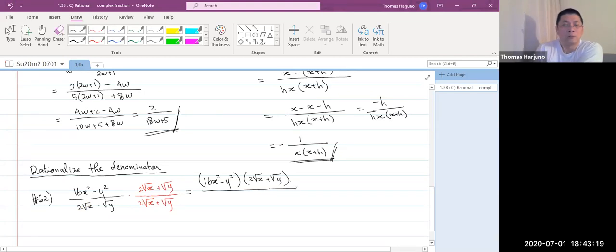While at the bottom, this guy times this guy will be 4x minus radical y times radical y, which will be just y.